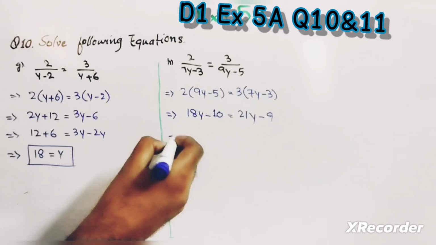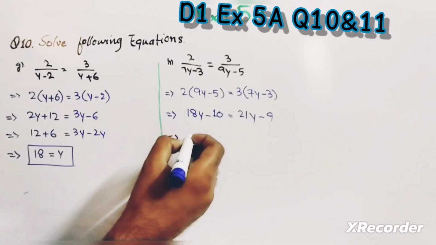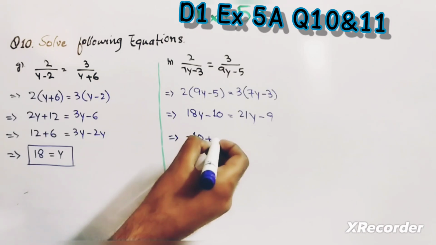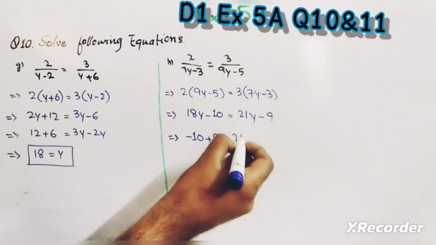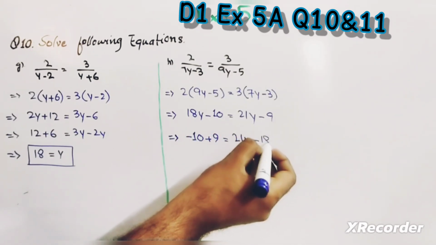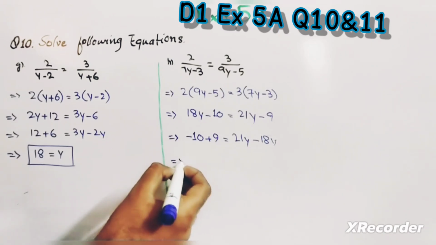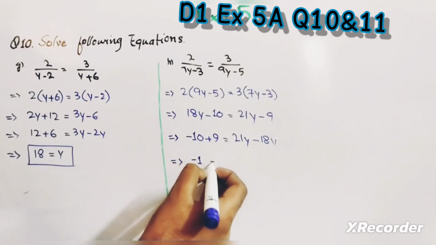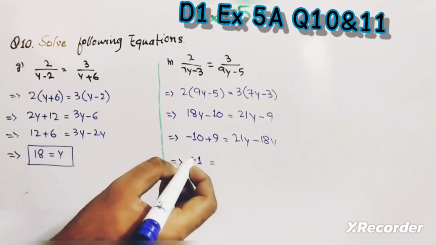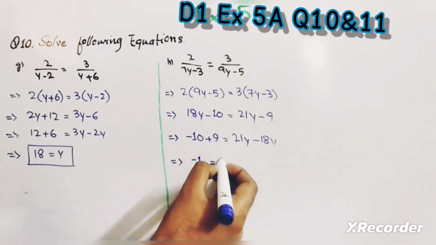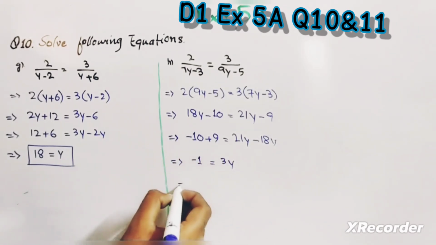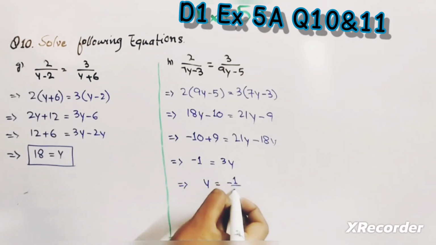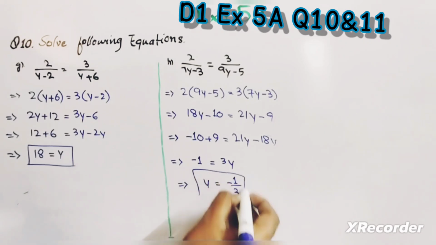Now by rearranging, what we get, minus 10 plus 9 is equal to 21y less 18y. By solving, minus 10 plus 9 is minus 1, 21y less 18y gives us 3y, and hence our y will become minus 1 upon 3, and that is our required answer.